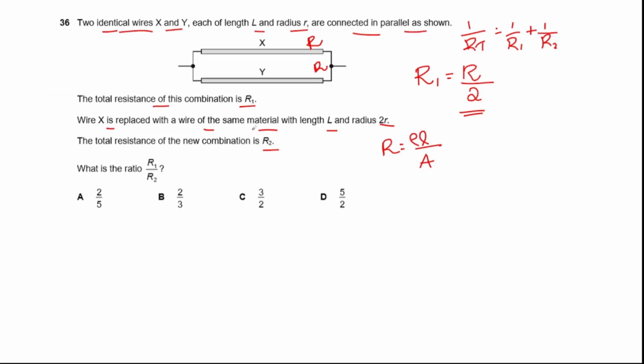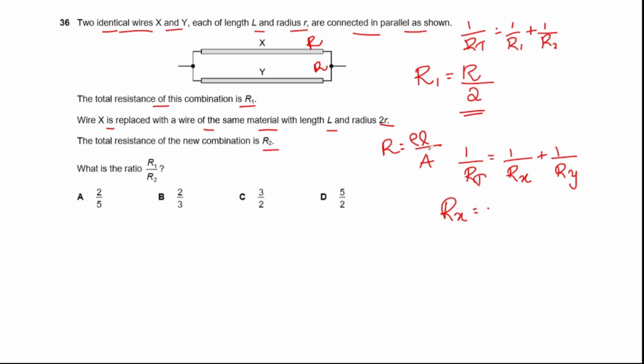For the next one, you are replacing the wire X with a different one, with a radius double the previous value. Using this expression, 1 over RT is going to be 1 over Rx for the X wire plus 1 over Ry for the Y wire. So what is the Rx now?